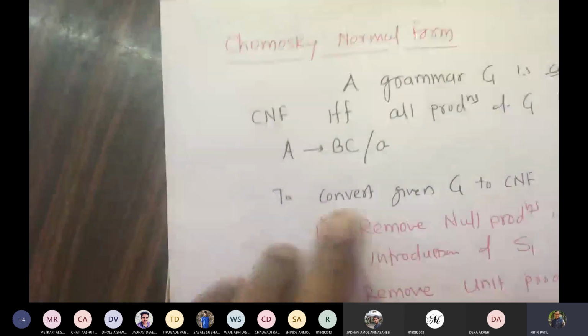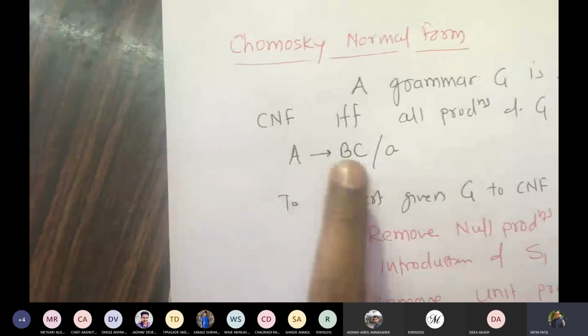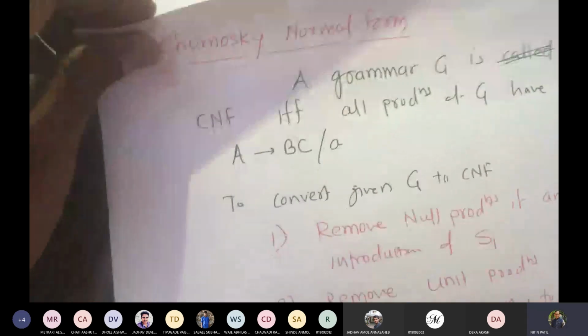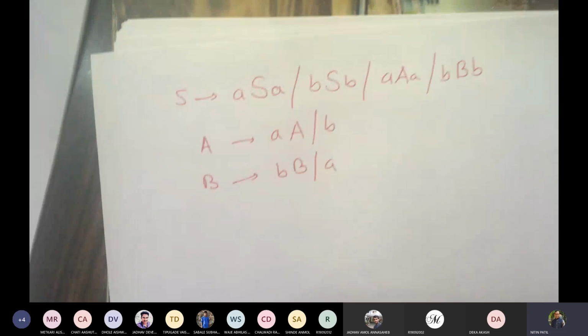Considering the format that we said, variable gives two variables or a single terminal, how many of these productions are of that form?